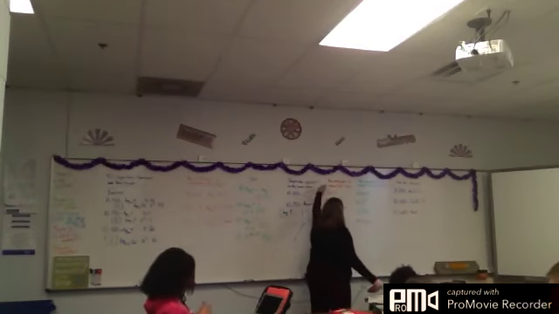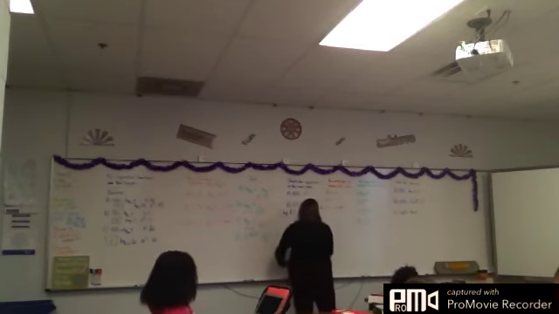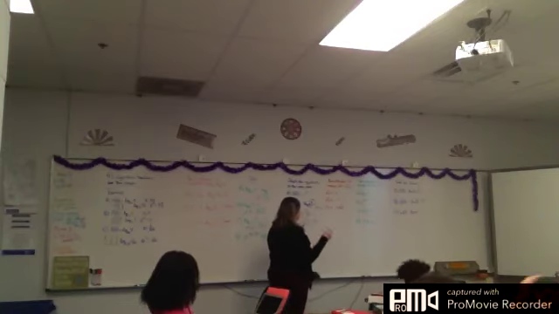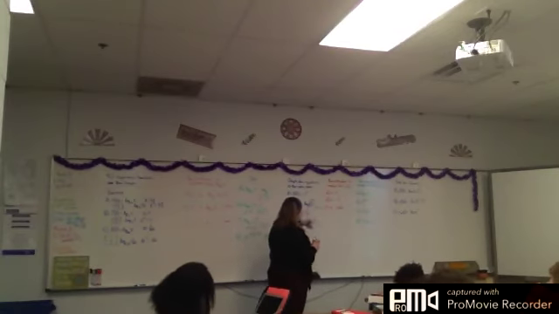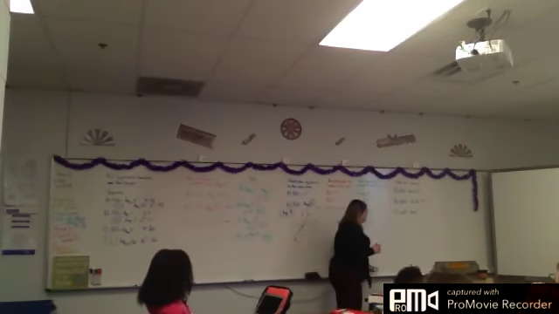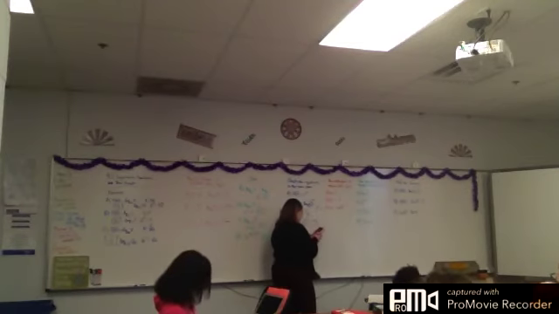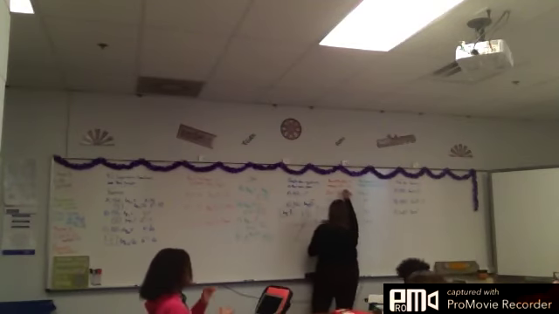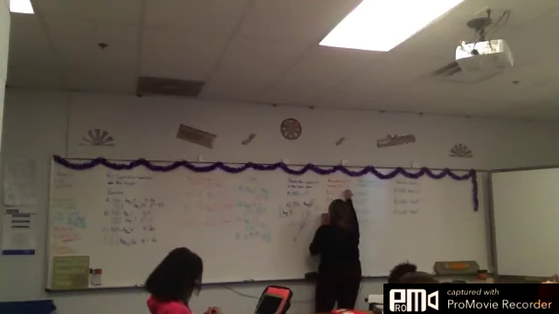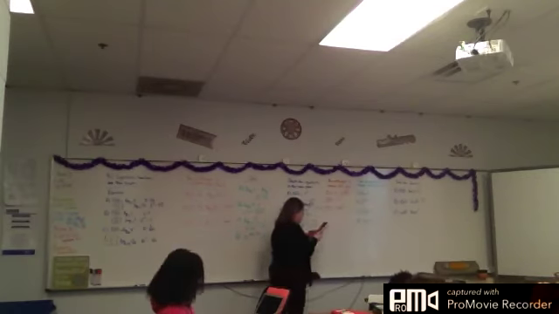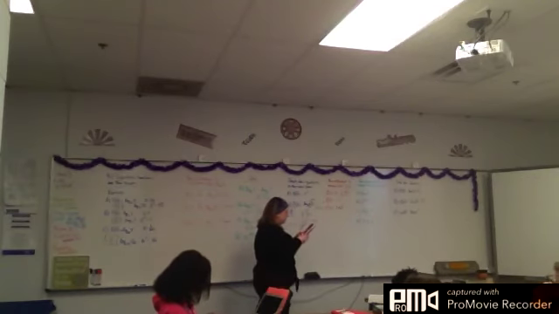Now, let's talk about using a calculator to evaluate this. This should be simple. How do I evaluate these functions when x equals 2? What's ln 2? 0.69. And what is ln negative 1? Error.